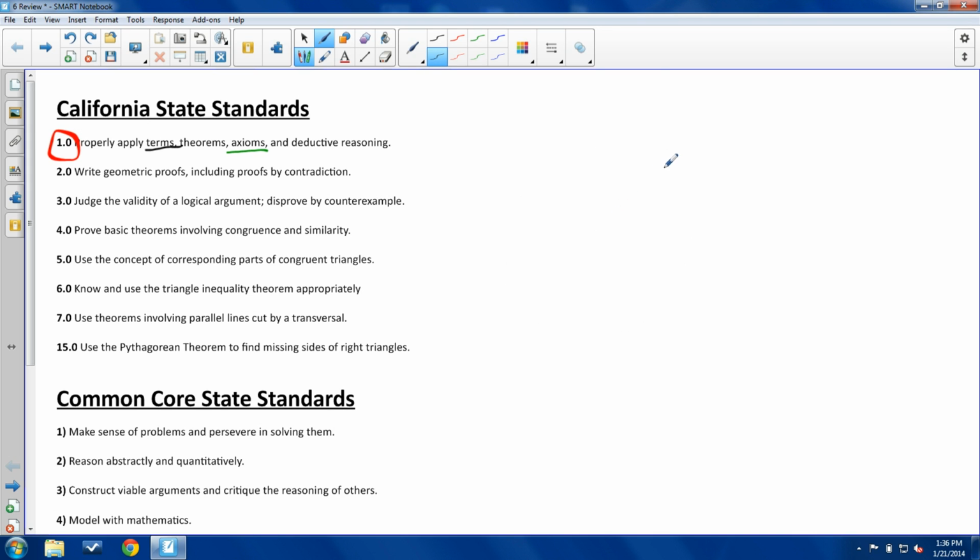And there was a parallel postulate, something that says if a straight line falling on 2 straight lines makes the interior angles on the same side less than 2 right angles, the 2 straight lines, if produced indefinitely, meet on that side on which are the angles less than the 2 right angles. That's just something that I'm reading off a piece of paper, but that's an example of what these things are. They're things you don't need to prove to be true, but you use them to prove theorems true.